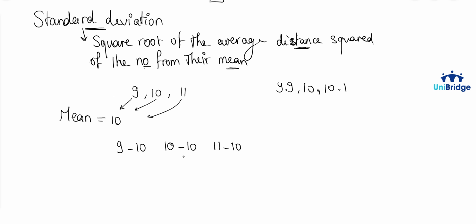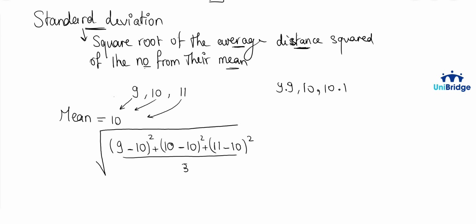Since I don't want negative and positive distances, I square them. And finally, I want to find the average, and we know that the average is the sum divided by the count. So you have 3 distances, 3 numbers. You add these distances and divide them by 3, and finally you take the square root. So this would represent the standard deviation.